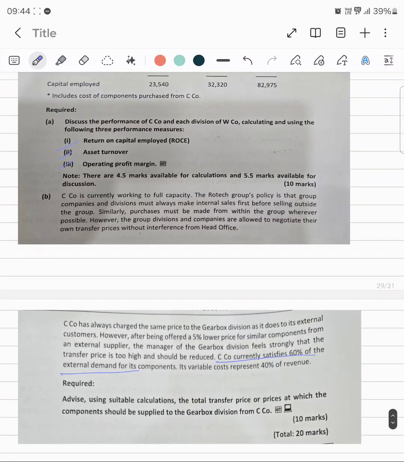Now it is saying that however, being offered 5% lower for the similar components from an external supplier.